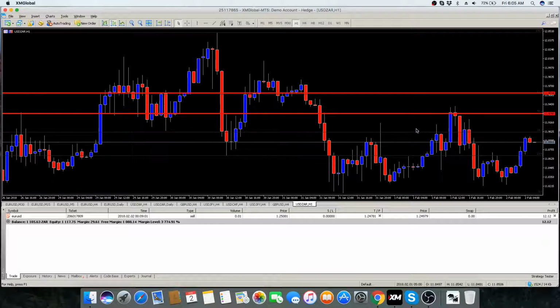Okay, so we came here and hit this resistance again. So you just need to understand, I don't know how to explain these lines or what to call them. Anything at the top of price is resistance, anything below is support.